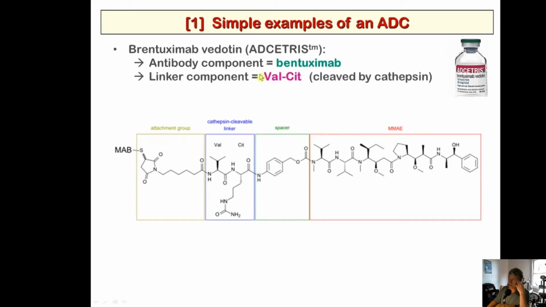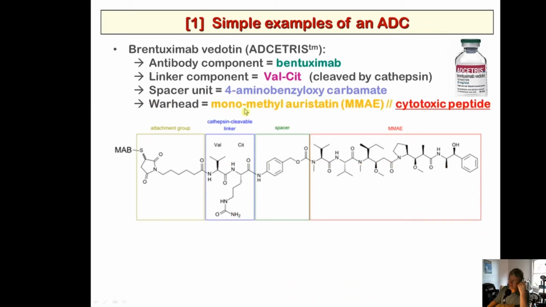Okay, so the linker component is the valine citrulline piece. It's cleaved by cathepsin, which is just a protease, and it cleaves this pseudopeptide linkage right here. Then we have a spacer unit, which is this 4-aminobenzyloxycarbamate, which will get expelled after the cathepsin unit is cleaved off.